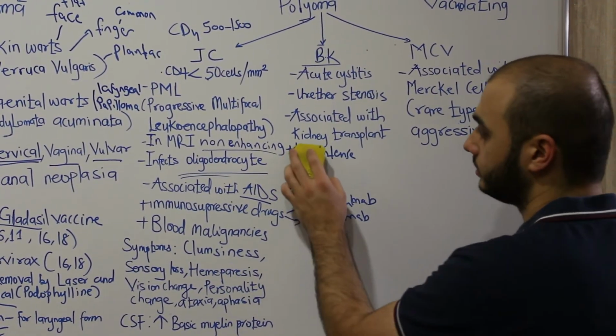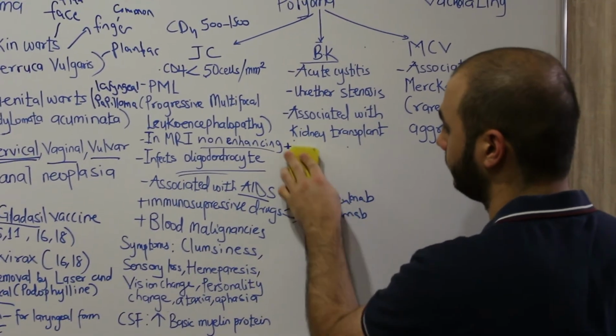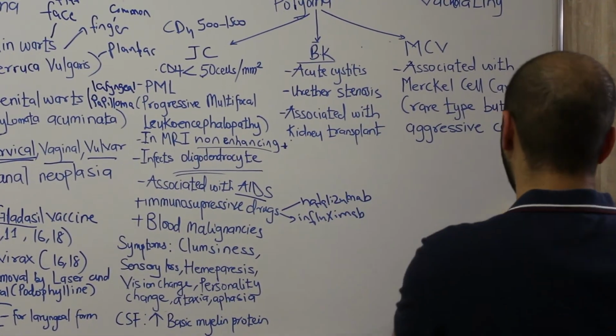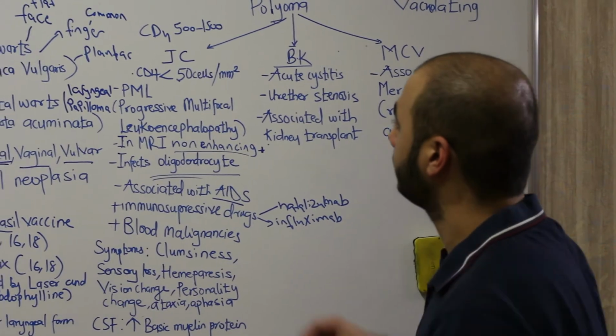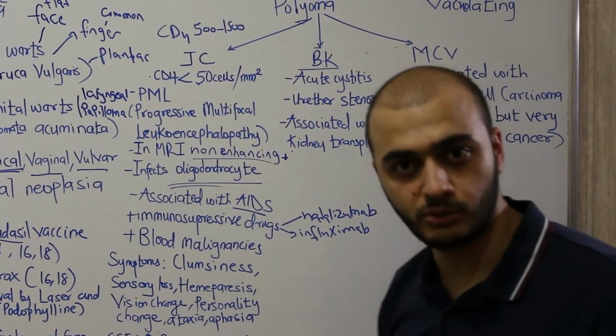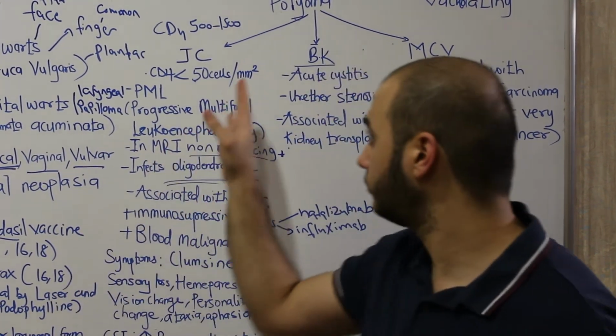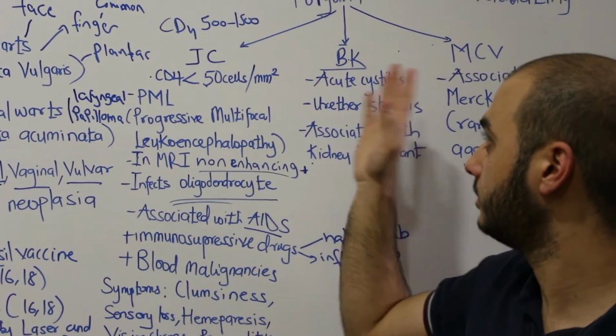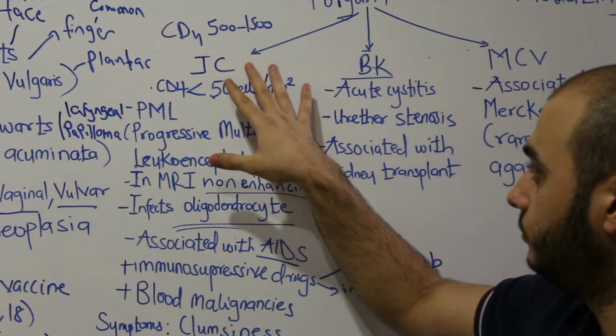Well, the next virus is BK virus, and this virus, the same, we acquire during childhood. Most of us have these two viruses at least, JC and BK.